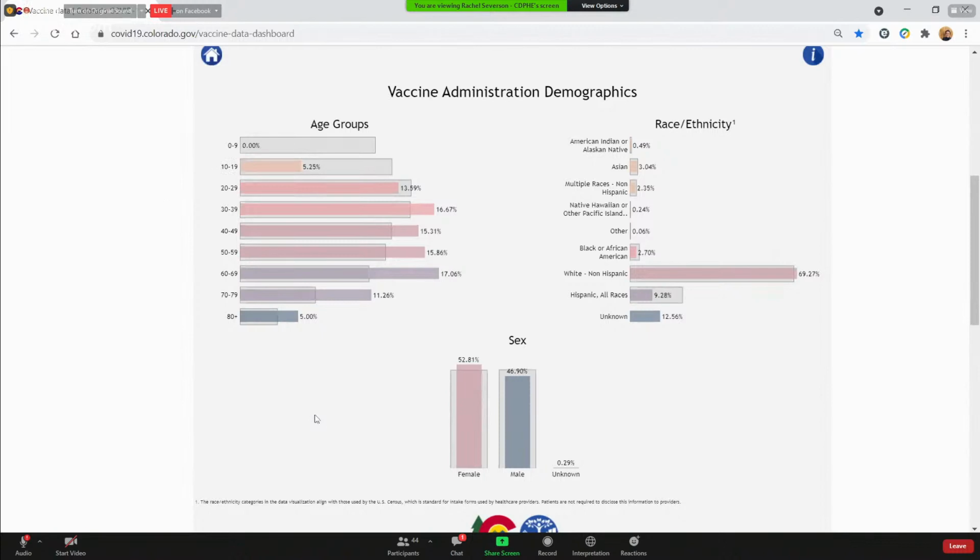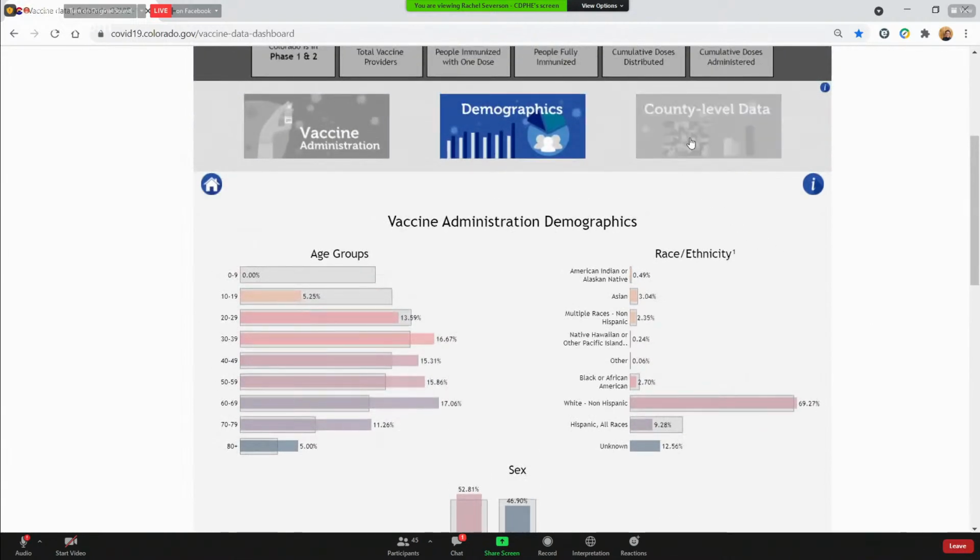The gray bars on all of these graphs represent the corresponding proportion of Colorado's population that falls into that demographic category. Right now, those gray bars correspond to Colorado's total population, but we're planning to update our race and ethnicity categories for Colorado's population to reflect the eligible Coloradans, which is 12 and up right now.